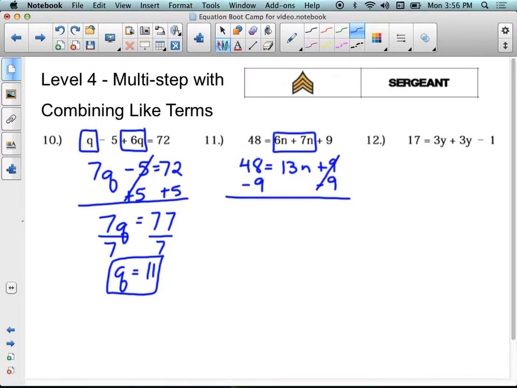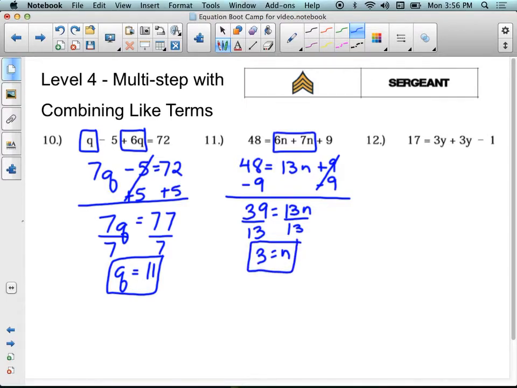Okay, I'll get 13n on one side and 39 on the other side. Now that I've got 13n as my variable term, 13 is being multiplied by n, that's my coefficient. I will do the inverse. I'll divide by 13, and I'll get 3 equals n, also known as n equals 3.